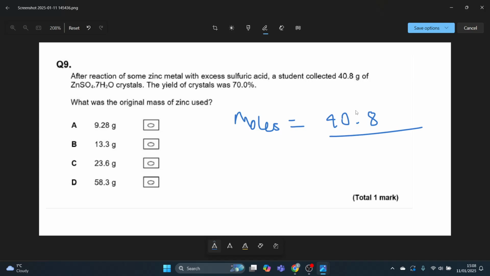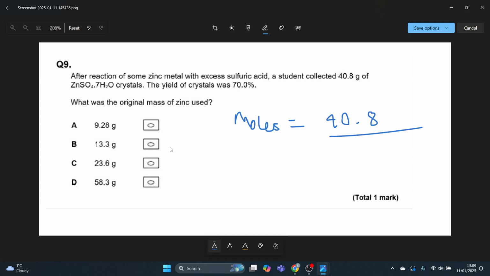Get the moles as 0.2495. Moles is mass over Mr. Mass is moles times by the Mr of zinc, which is 65.4. And then I need to times that by 70 over 100 because that's the yield. And I get 11.424. So I did something wrong clearly.